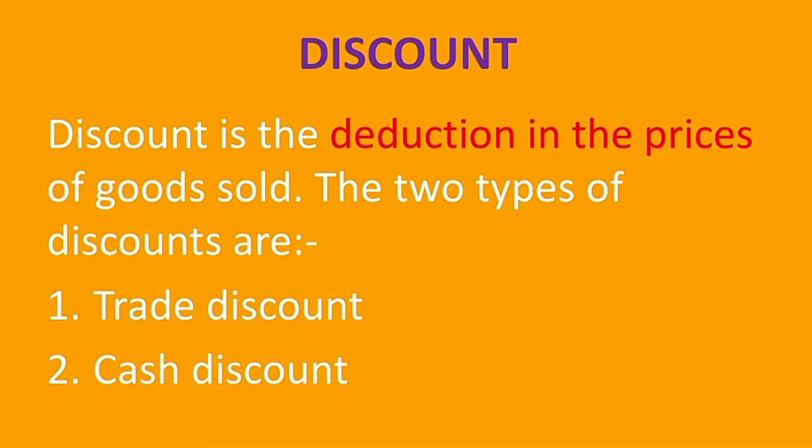Trade discounts are offered at the time of sales. And these discounts are offered as a percentage of list price or market price. That means 10% of market price or 15% of the market price as discounts. And these are given for increasing the sales.